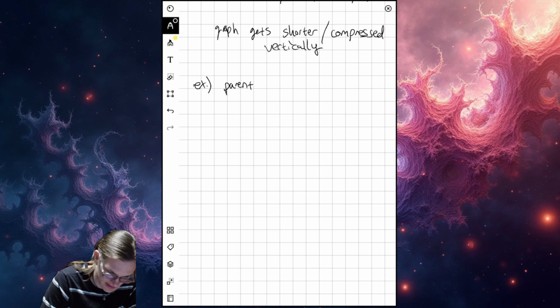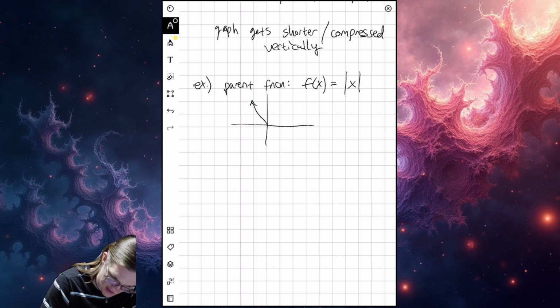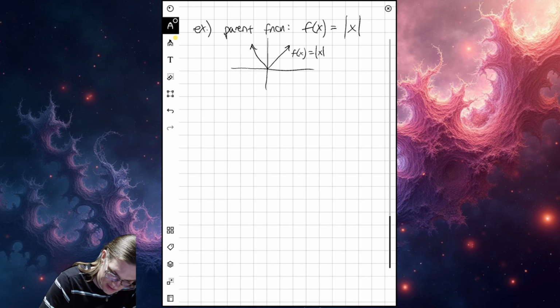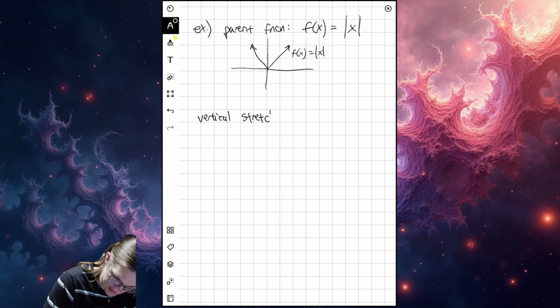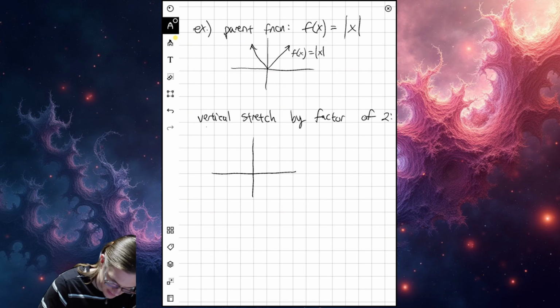If we once again use parent function of absolute value of x, the original graph looks like this. And if you vertically stretch it by a factor of 2, then the new function will look something like this.